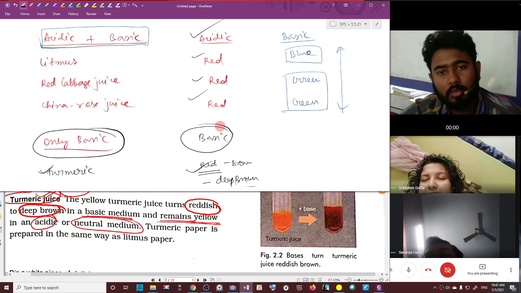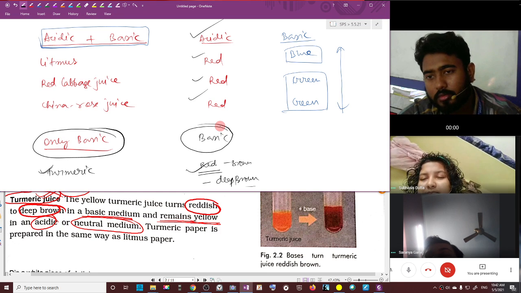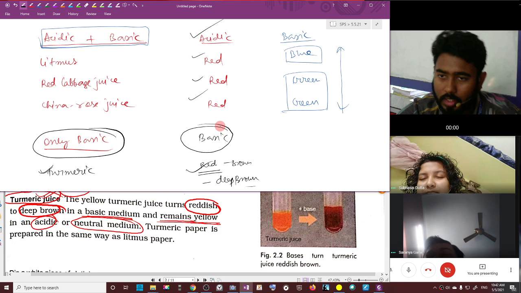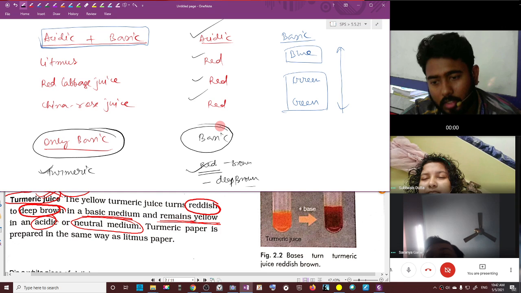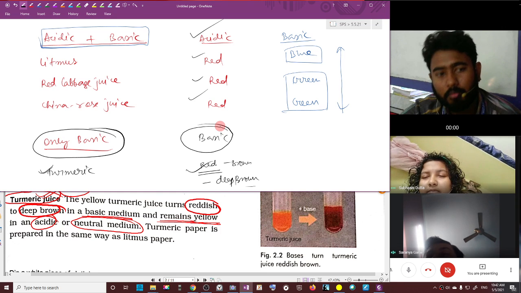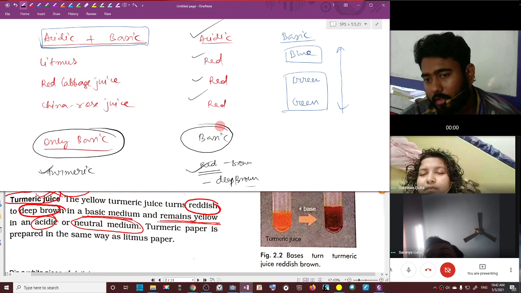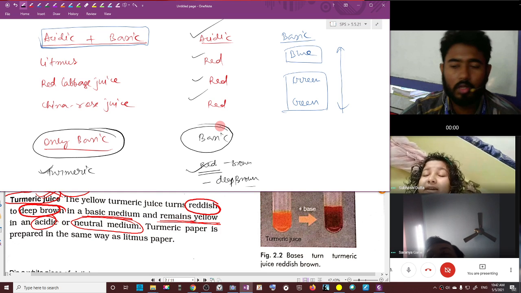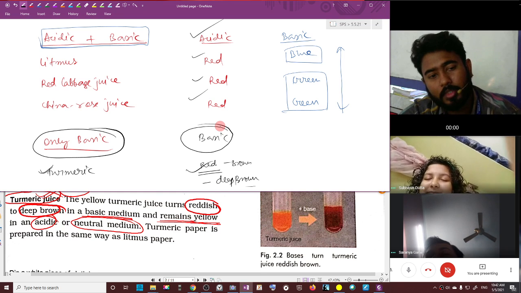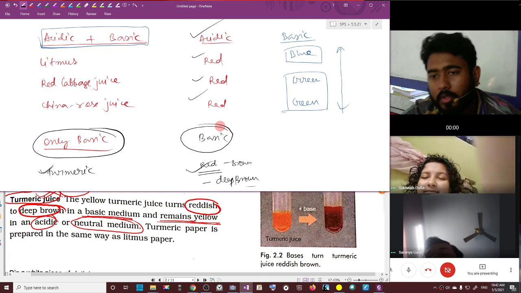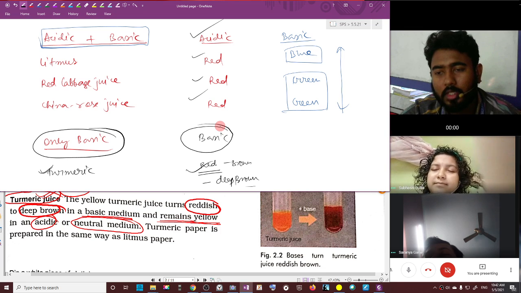In basic, what will be the color near about? Green and blue. So litmus will be blue and the juices will be green. Very good. For only basic indicators, if I want to indicate the base, what will be the colors near to?